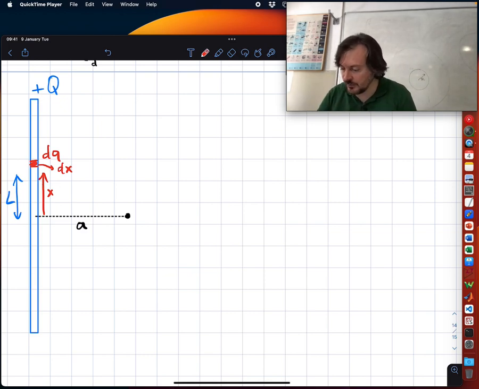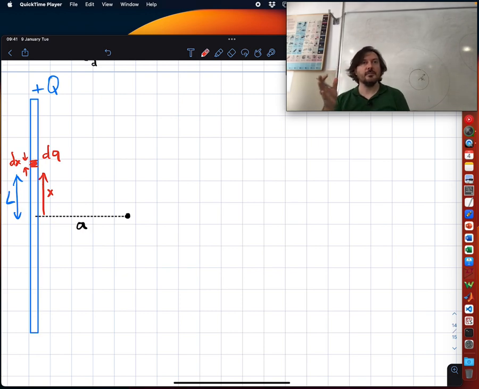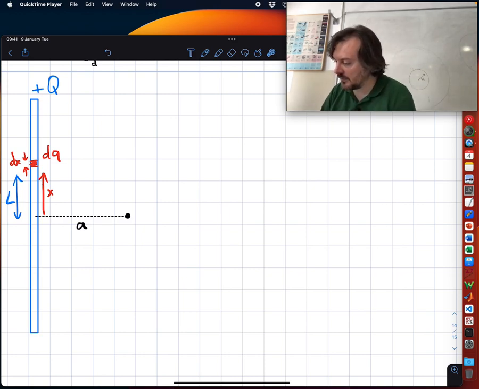Are you confused in any way why I did these choices? Well, first of all, why do we need integral? Because, as you can see, every charge has a different distance to the middle, right? But we still have some sort of symmetry here, and the symmetry is the one that we already discussed.